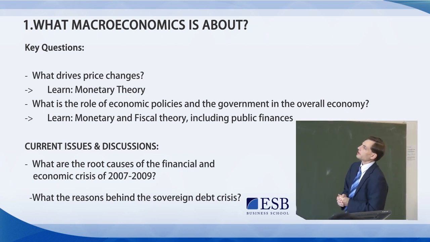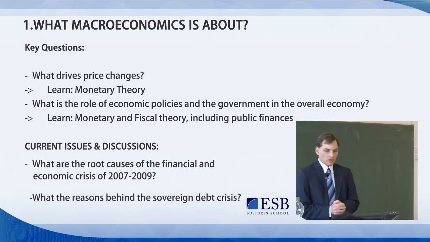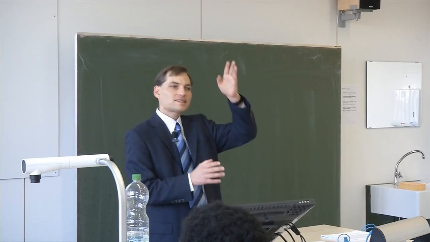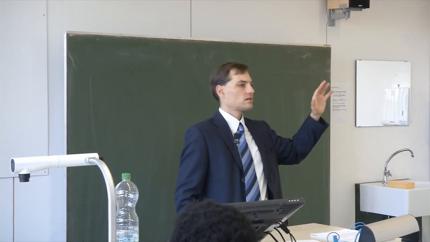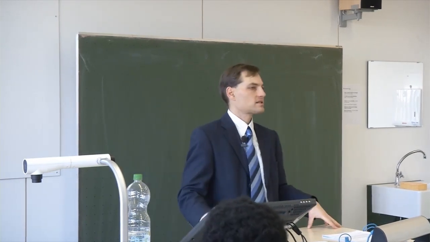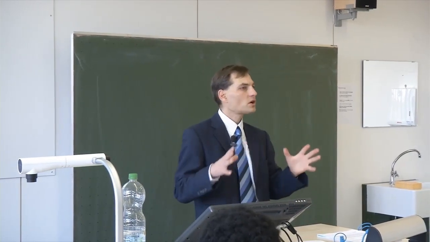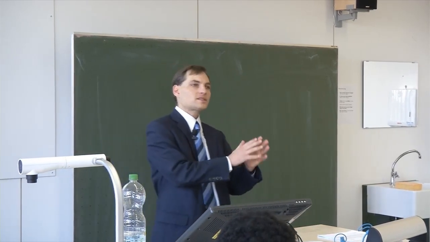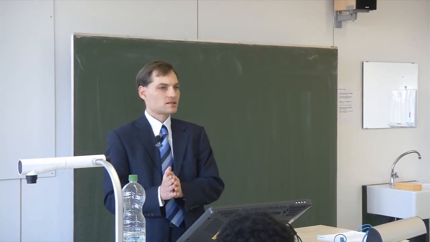Key questions we are going to address. We will ask the question, what determines the business cycle ups and downs? We will study this, and that is called business cycle theory. It's more short run. We will also study why some countries grow faster than others.